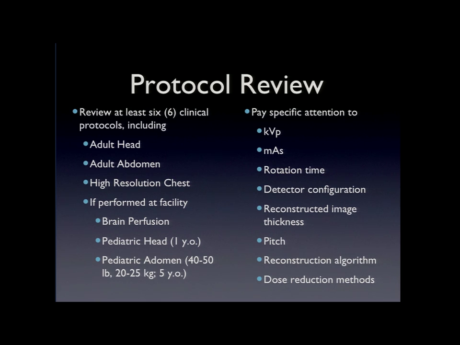As we evaluate the protocols with a team of radiologists and technologists, we want to make sure: is the kVp appropriate for that type of procedure, the mAs, the rotation time, is it going to be too short or too long? Is the detector configuration correct for what we're doing? Depending on what the radiologist wants to see, are we doing this most efficiently in order to minimize dose?